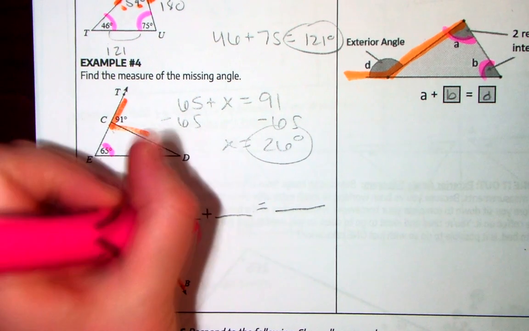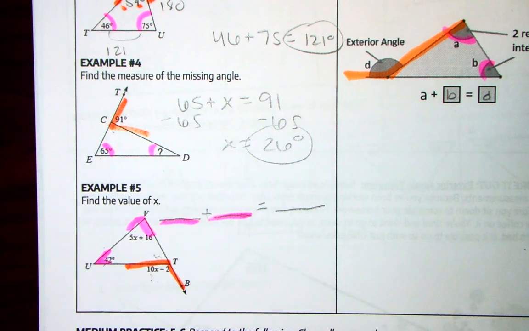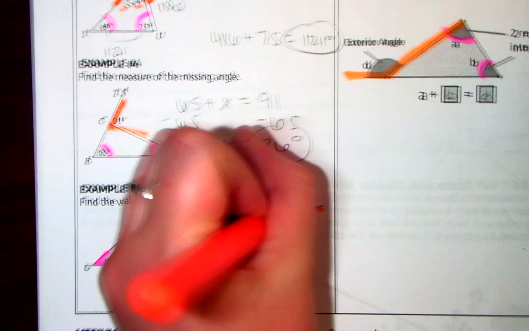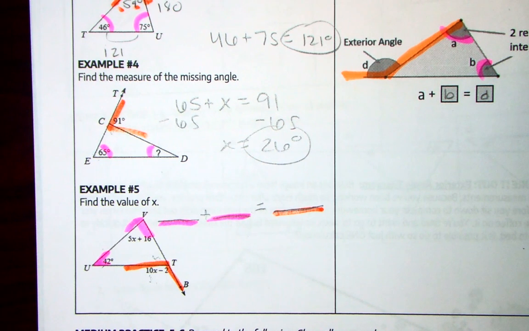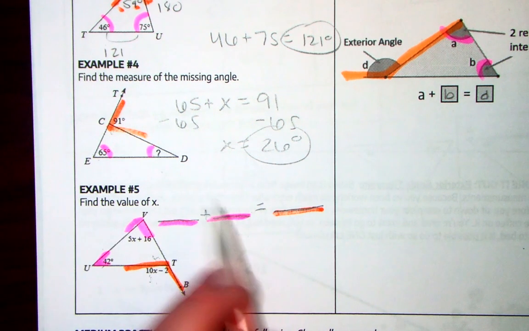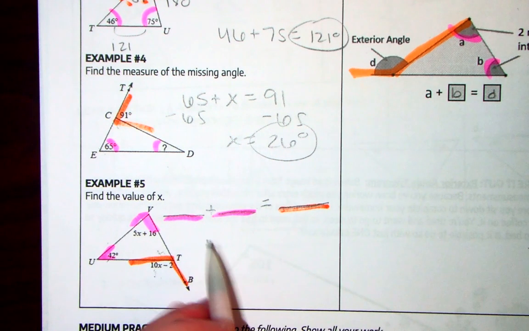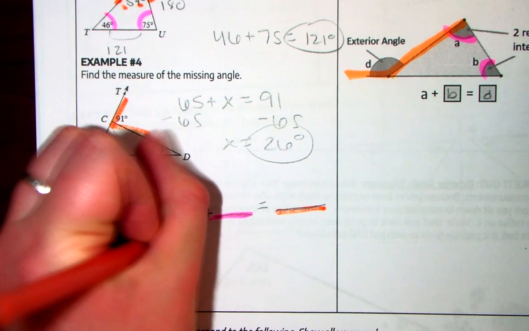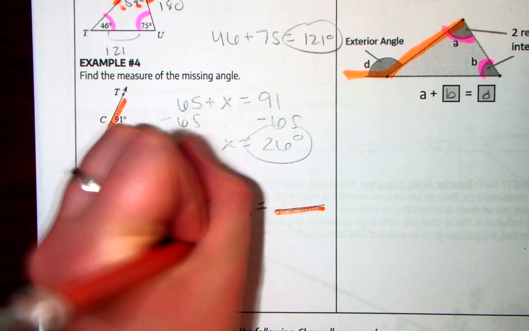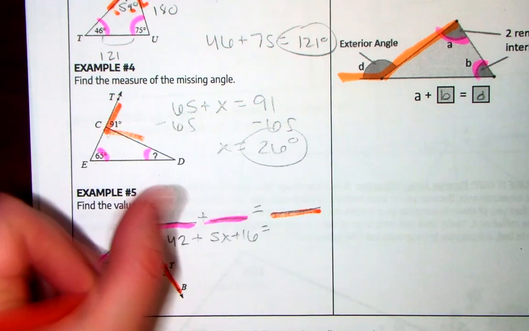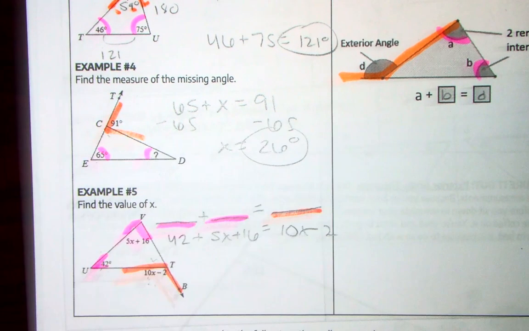So that's a setup of an equation where I can say: 42 degrees plus 5x plus 16 degrees equals 10x minus 2 degrees.